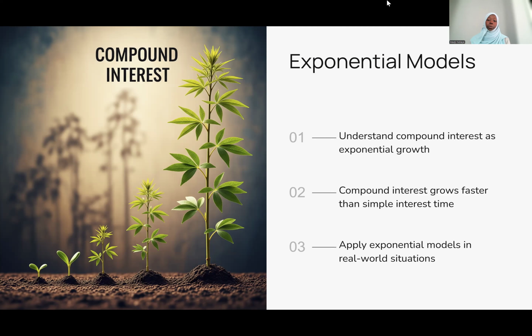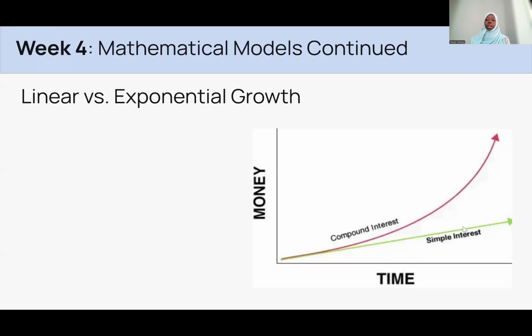And then we also want to be able to apply mathematical models in real world situations. So here's an example of a graph that's showing both a simple interest situation and a compound interest situation. Here we're going to assume that they have the same principal, the same rate of return, and the same amount of time, as we can see.